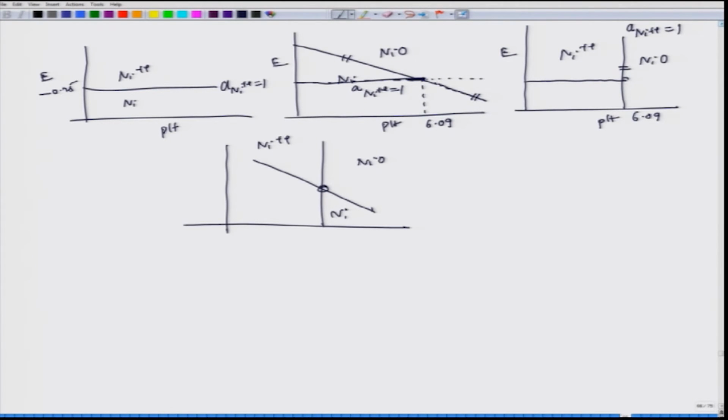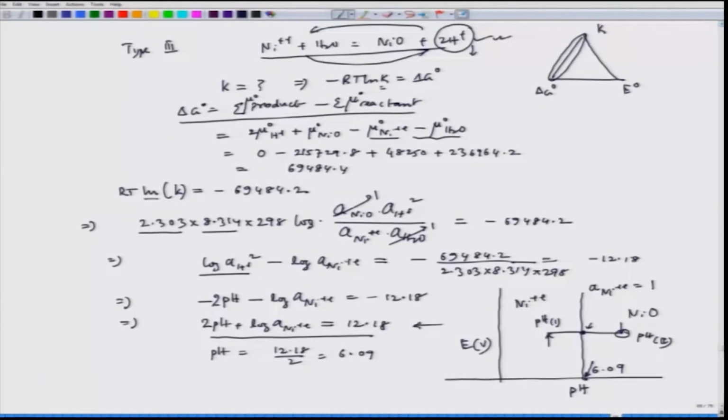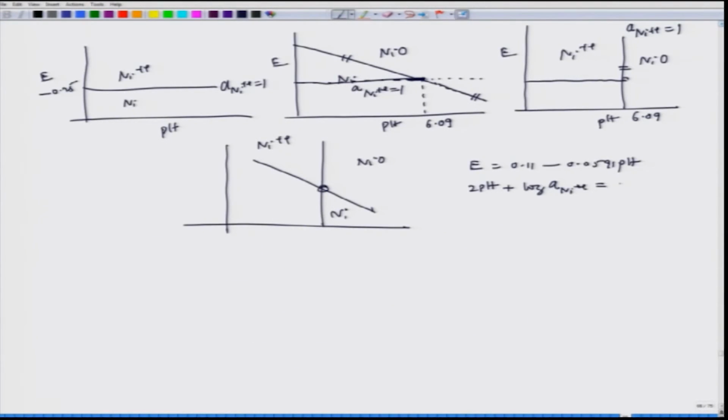Now, I would like to find out this point. We can find this point by solving E equal to 0.11 minus 0.0591 pH and 2 pH plus log of activity of Ni plus plus equal to 12.18. And since we are considering this to be 1, then 2 pH equal to 12.18.